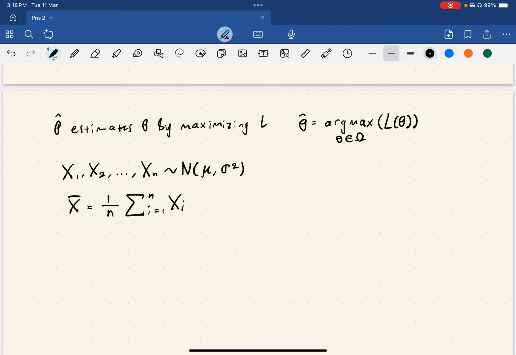And if you want to find the sample variance, here denoted as s squared, we have this formula: 1 over n times the sum from i equals 1 to n of xi minus x bar.